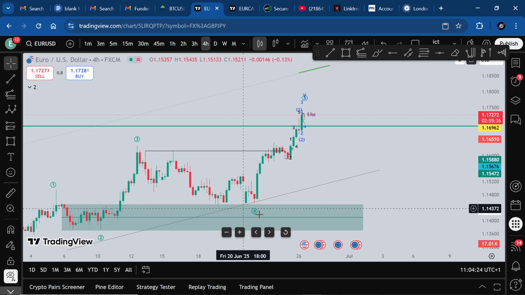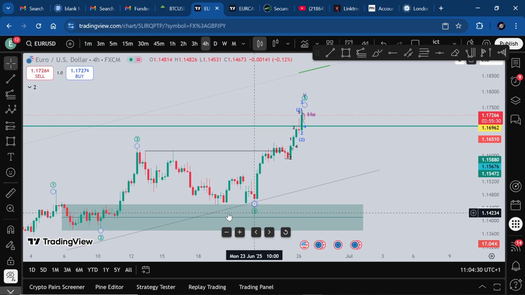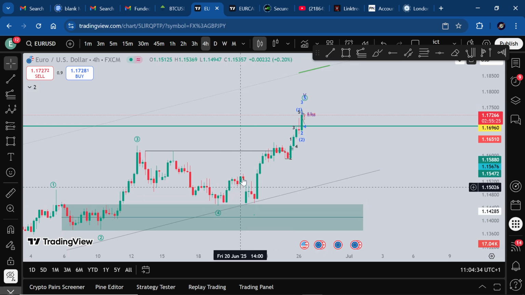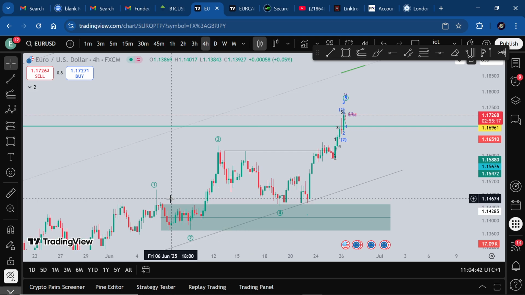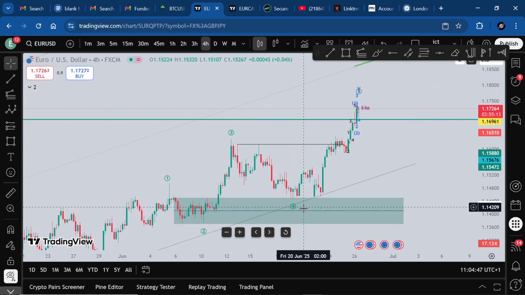Whether the fourth wave finishes here or here is the answer, is what I'm saying. If it finishes here, then we've got that 1, 2, 3, 4, 5, ABC. It could be the end right there.